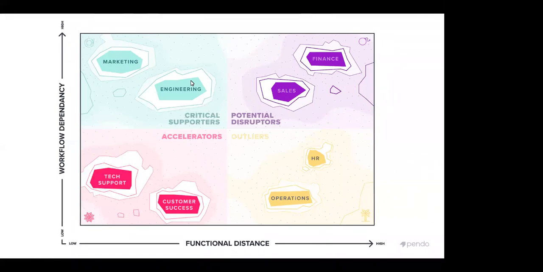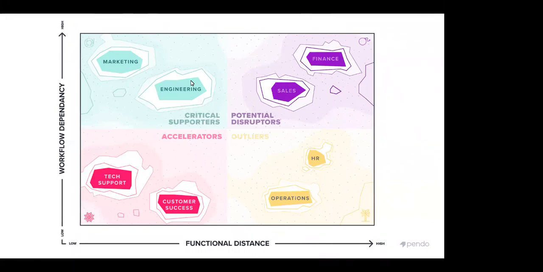On the bottom left, we've got low functional distance and low workflow dependency. We consider these to be accelerators. These are roles that are neither close nor dependent, nor are we dependent upon them. But if we achieve strong alignment with them, we can really accelerate our product capabilities based on their input, feedback, and collaboration. And then on the far bottom right, we've got the outliers.